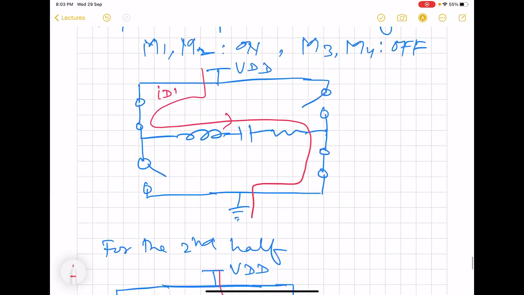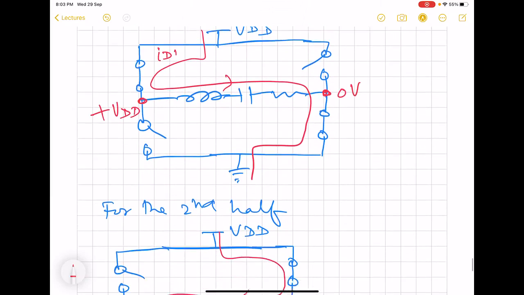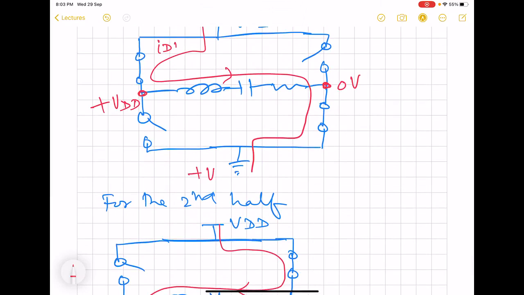So what we see now is in the first half, this node is at plus VDD, other node is at 0 volt. It is grounded. So you can say that this time it is getting excited by plus VDD.